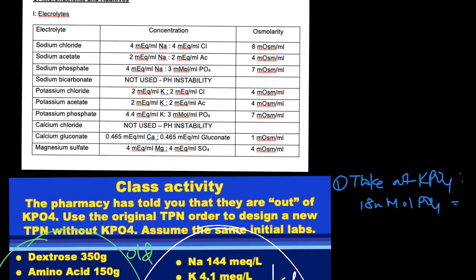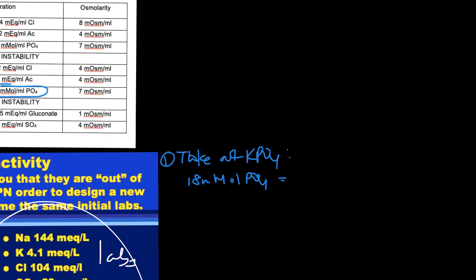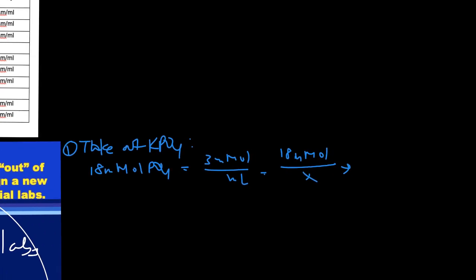You know your K-phos is 3 millimoles per milliliter of phosphate. So 3 millimoles per milliliter gives you 18 millimoles. X, solve for X, and you get 6. That's 6 milliliters.